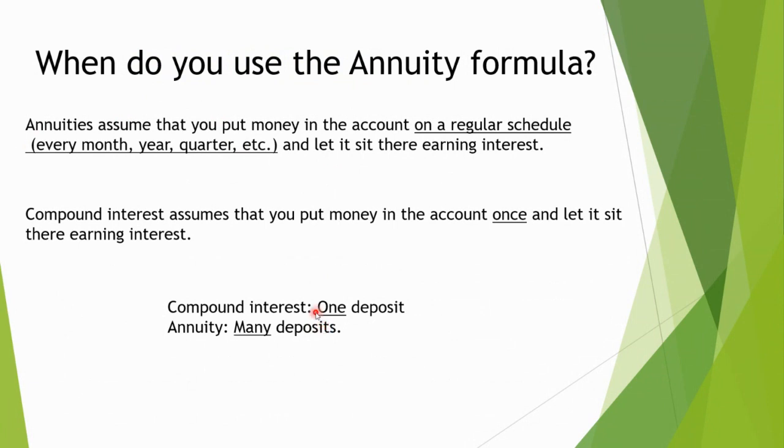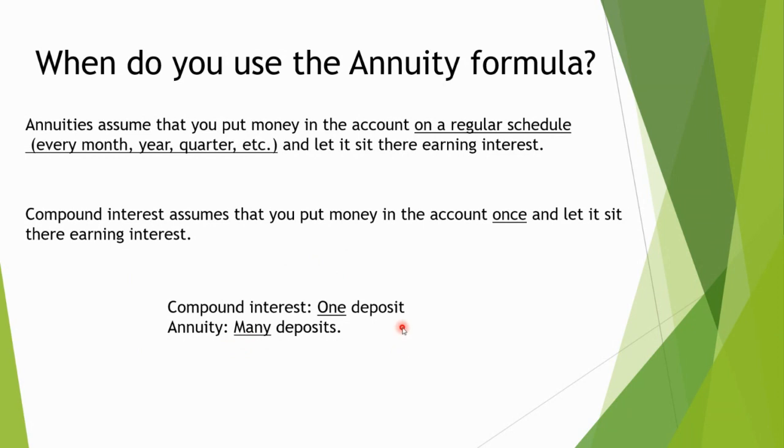You remember, with compound interest, this is just a reminder from what we did in chapter 5, we put the money in there once and leave it alone, and the account compounds the money, and you keep earning interest. But here, we're not only having the money in there, but we're making many deposits, that is, on a regular schedule.